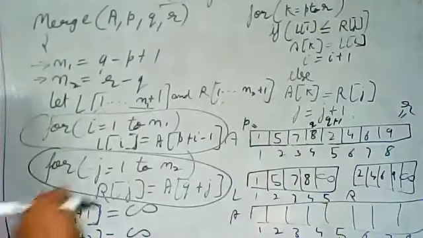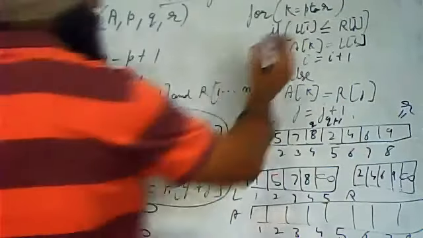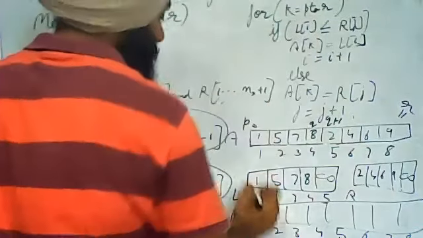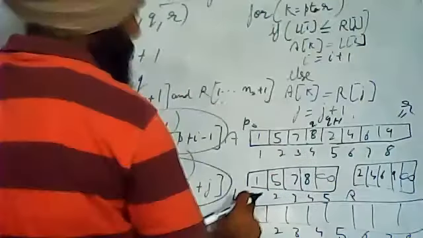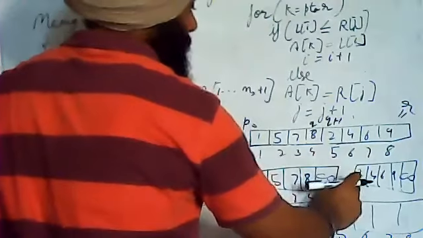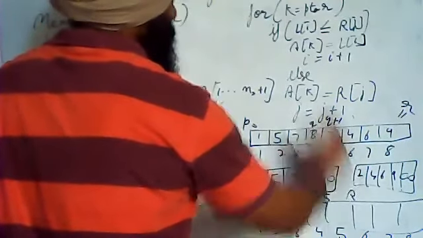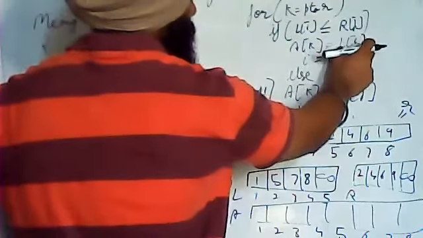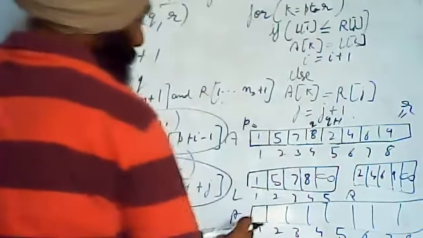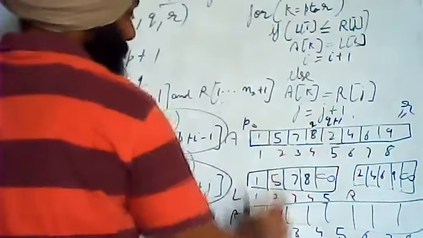Here we will check if left of I is less than right of J. If so, left of I element will get copied at P. P is the starting point of the array.